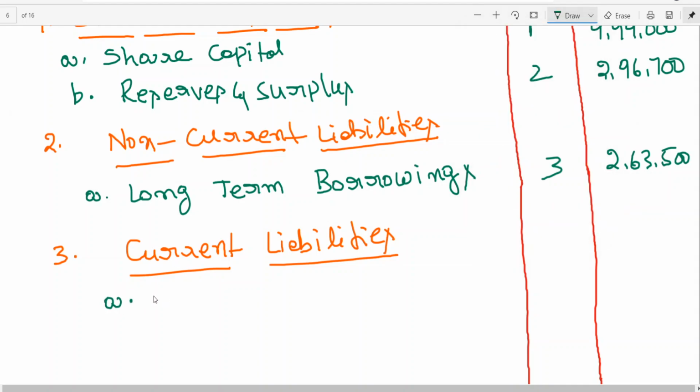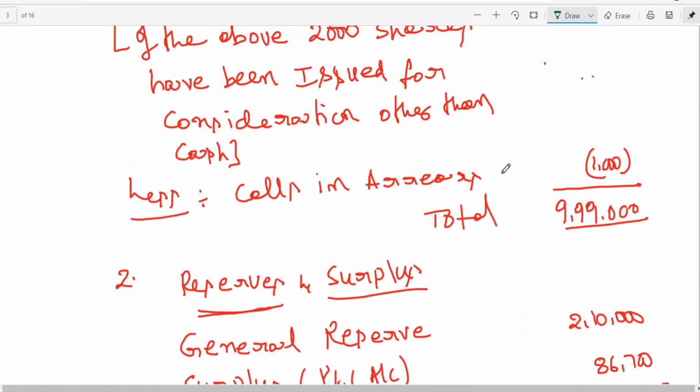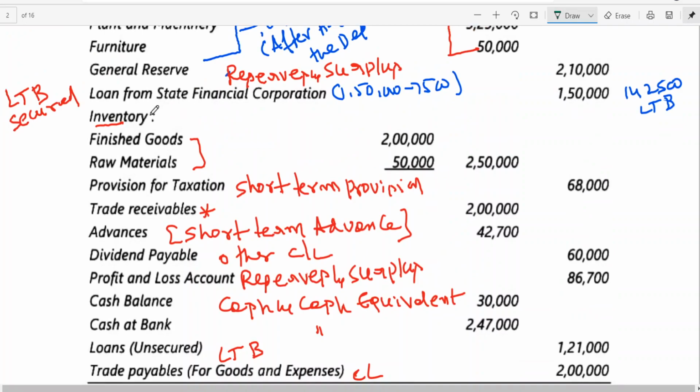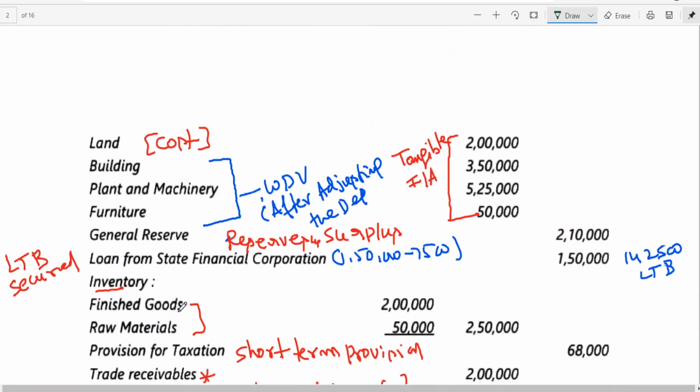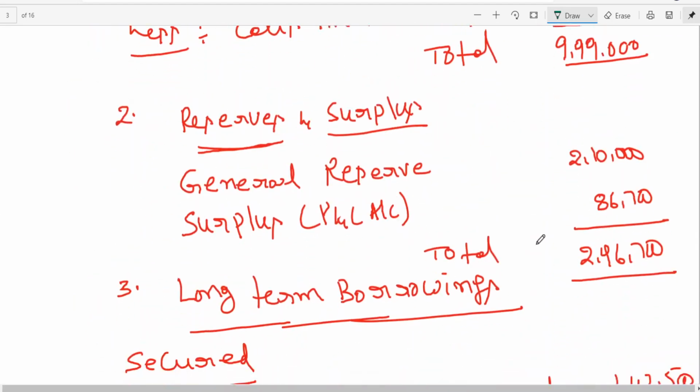One is trade payable. This has already been given a value, so no need to go for a note. Directly you can write trade payable, given as 2 lakhs. So trade payable 2 lakhs.